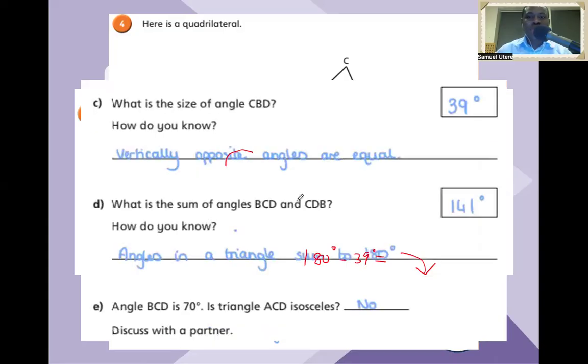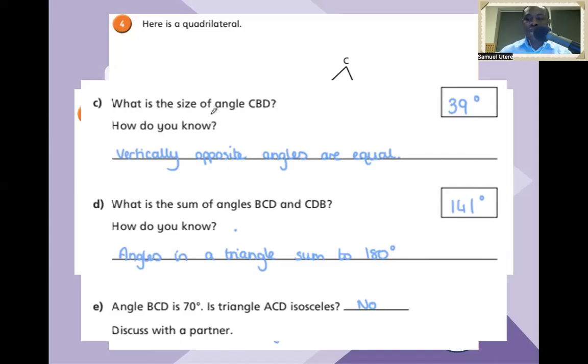Here are the answers for question C, D, and E. So let's discuss them. But before that, I'm going to rub off these parts that I wrote before. For question C, we're asked, what is the size of angle CBD? And how do you know?